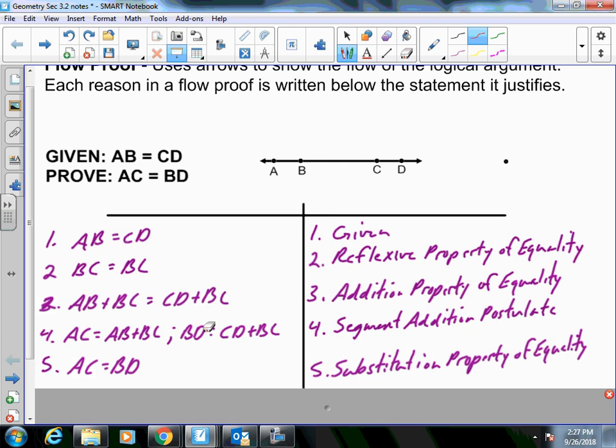You have to add some transition words to make it make sense and sound appropriate, but basically it's each one of these steps written as a sentence. And when we do that, we'll get this paragraph proof that's about to pop up too.